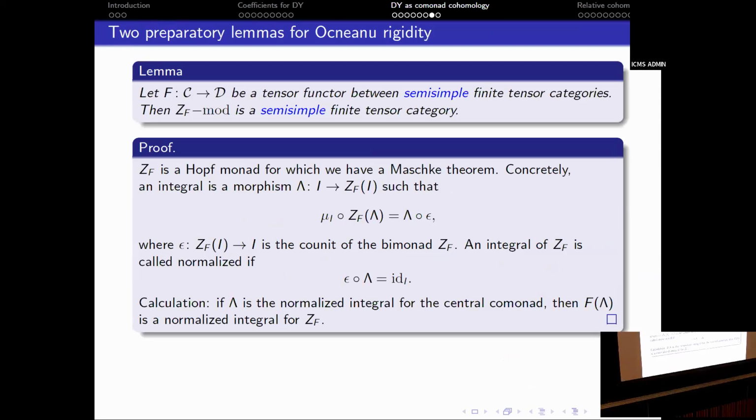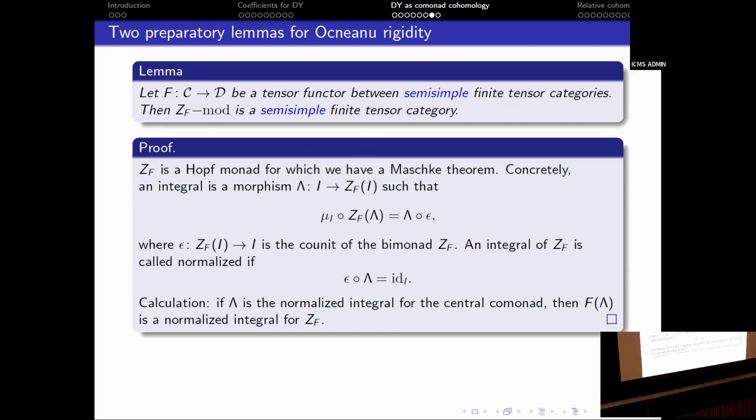Okay, so now let's see how we understand Ocneanu rigidity in this case. And let's start with the following lemma. If we have a tensor functor between semisimple finite tensor categories, then this category, which generalizes the Drinfeld center, is also semisimple. Why is this true?